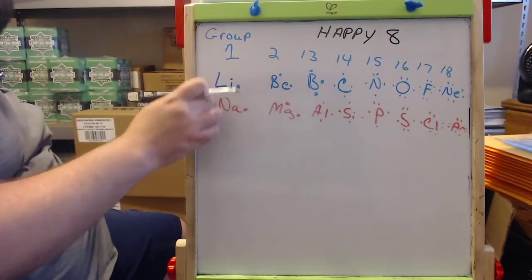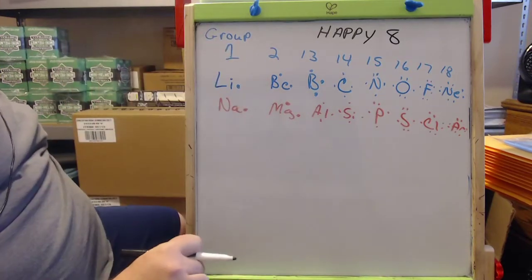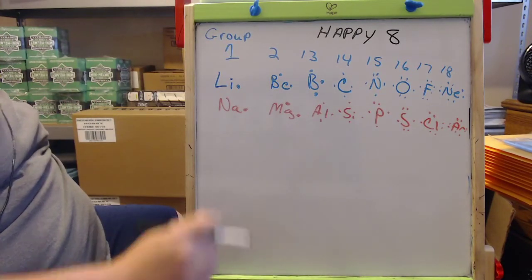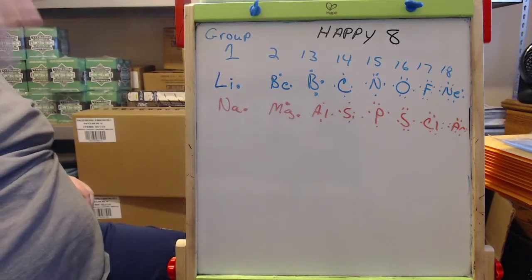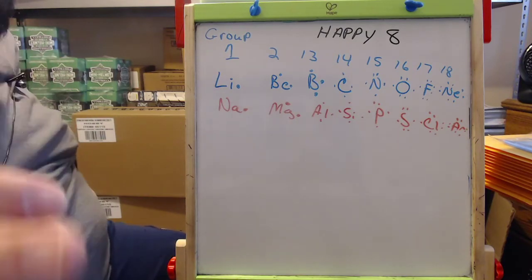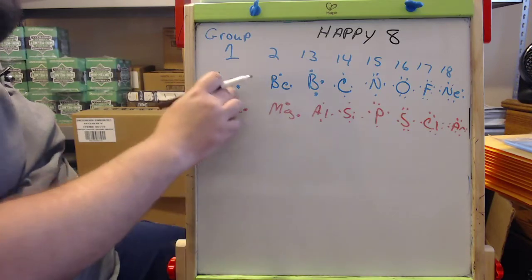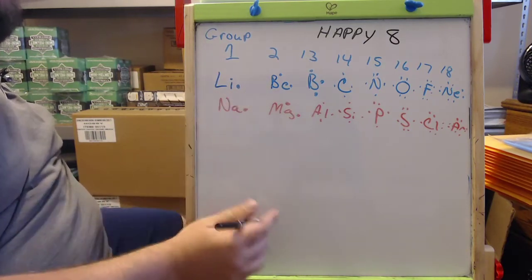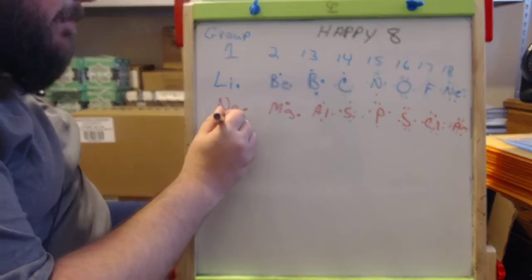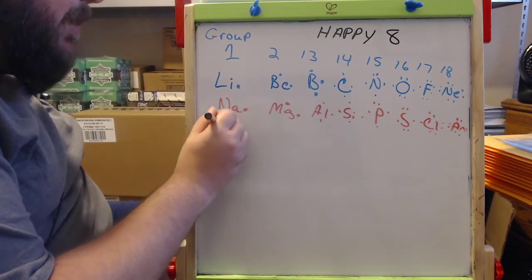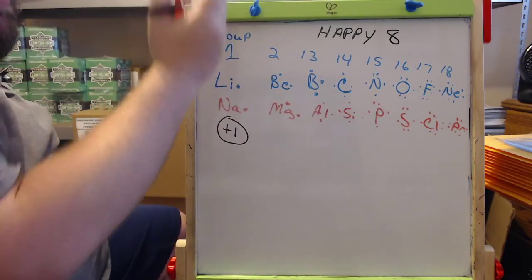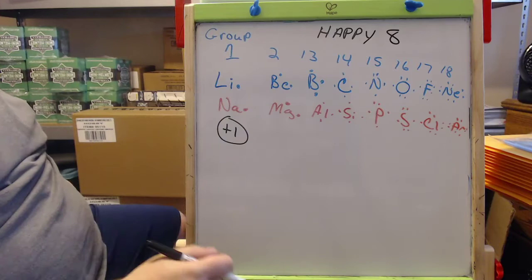If I lose one, my shell underneath is happy. Or I can gain 7. Well, the elements want to do the shortest path. So lose 1 or gain 7. Lithium and sodium rather give up an electron, and by doing so, they'll become a +1 charge, which means anything in group 1 will have a +1.